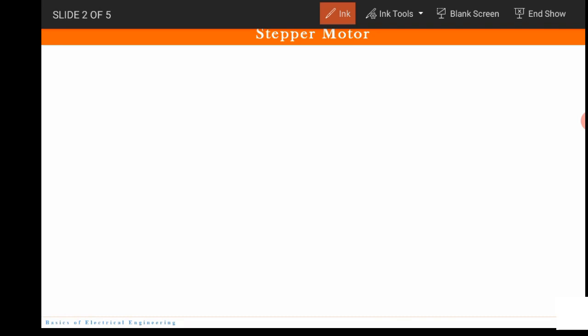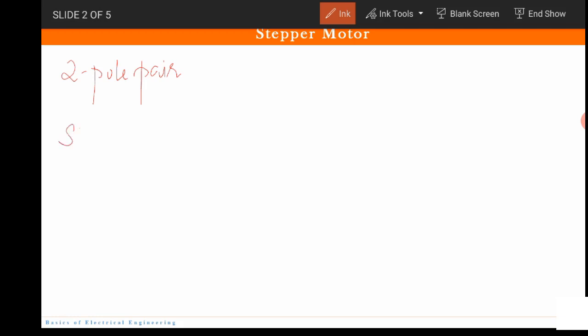Just for your information, we are going to use two pole pairs. It means two north poles and two south poles, so total four poles, but actually they are two pole pairs.